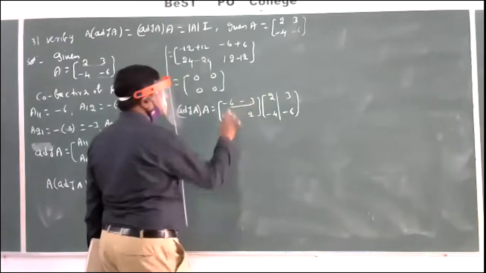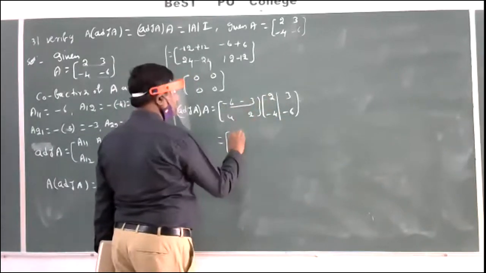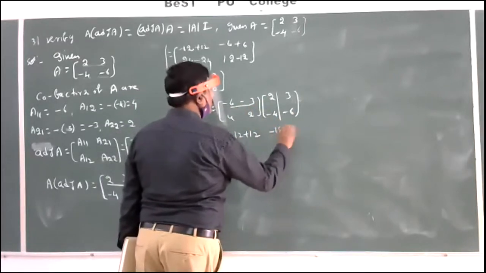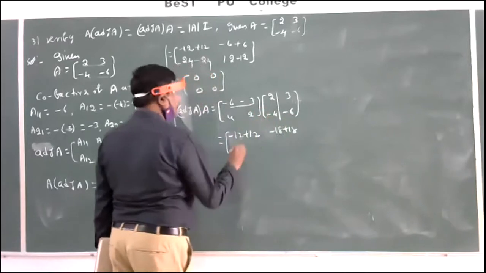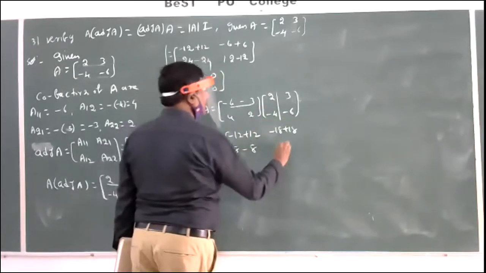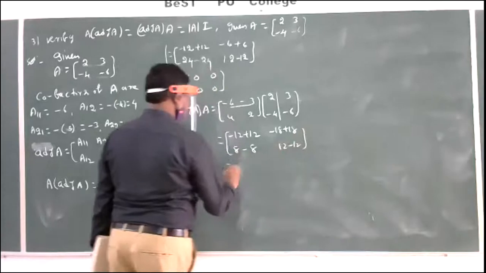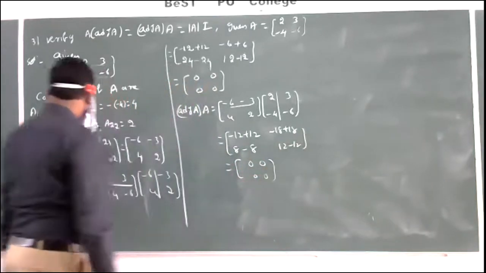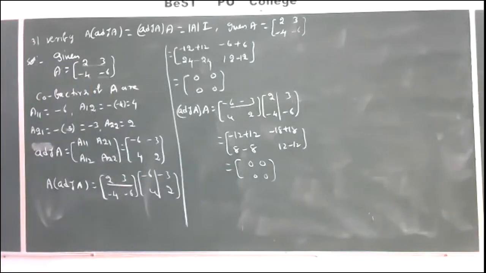Then it is minus 6 into 2, minus 12, plus 12, minus 18, plus 18, minus 8, plus 8, 12 minus 12. This is equal to 0, 0, 0. That means A into adjoint A and adjoint A into A, both are equal.